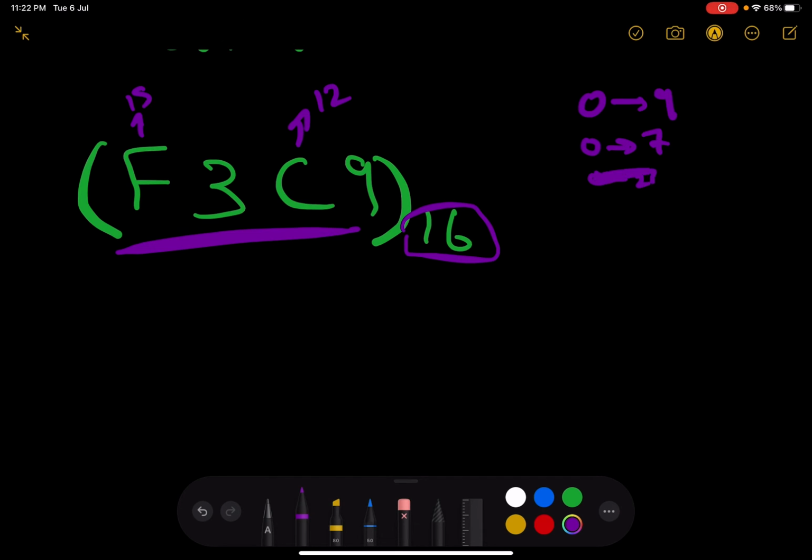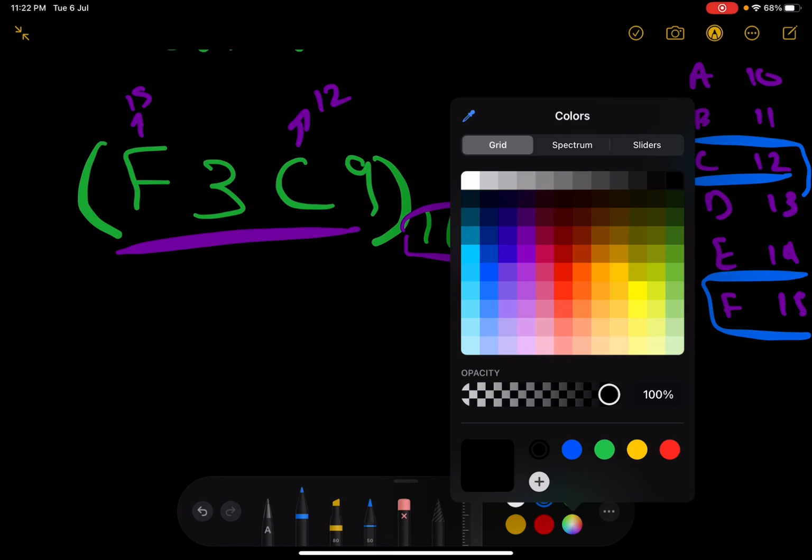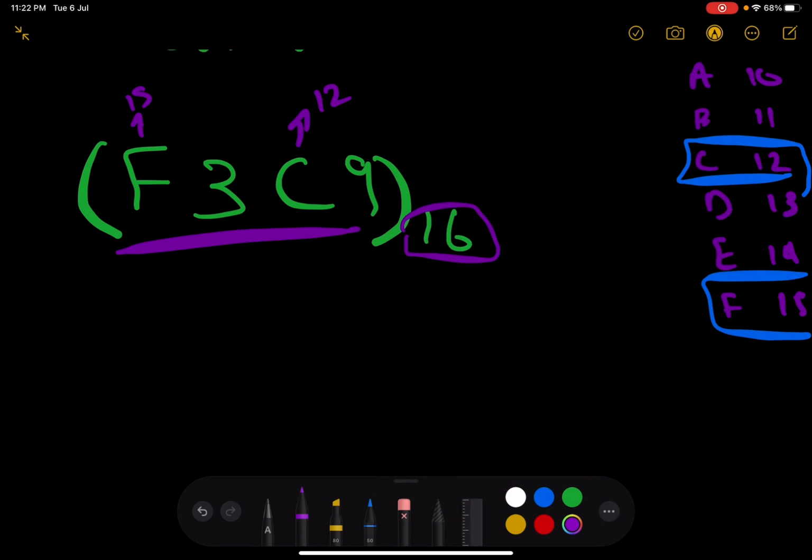If you don't know, it's easy, just starting from A is equivalent to 10, then B is 11, C is 12, D is 13, E is 14, and F is 15. Okay, so we said that C is 12 and F is 15. Now we can get back to our example and start converting.